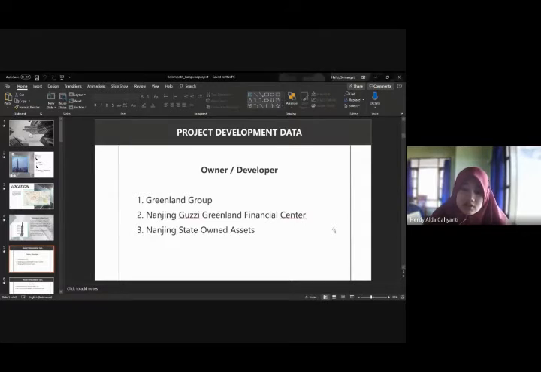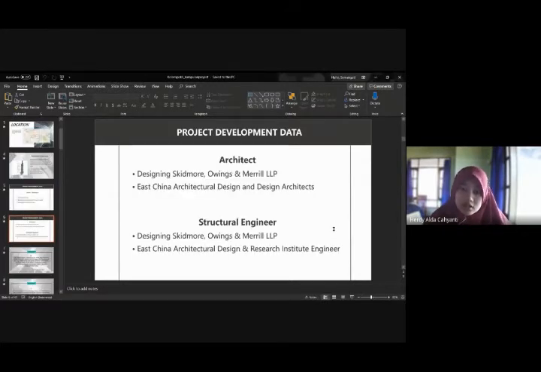Nanjing State-owned Assets. Architect: Skidmore, Owings and Merrill LLP, with East China Architectural Design and Research Institute. Structural engineer: Skidmore, Owings and Merrill LLP, with East China Architectural Design and Research Institute.